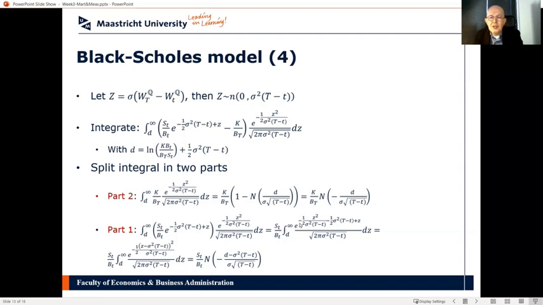I can basically put these two terms together, and I can use a completing-the-square argument. And then I have a constant times a new probability density function, but now the mean has shifted from mean 0 to mean sigma squared (T minus t). So therefore, the first integral, the part 1 integral, is the cumulative normal distribution evaluated at D over sigma square root of T, but D minus sigma squared over sigma square root of T.